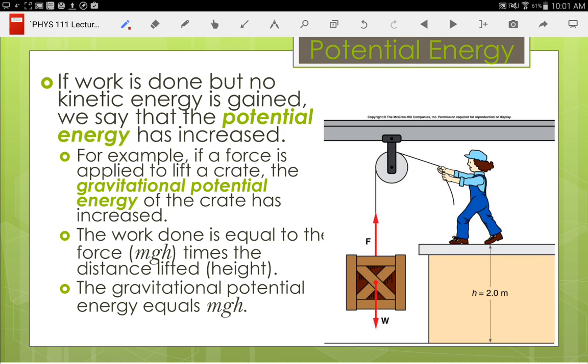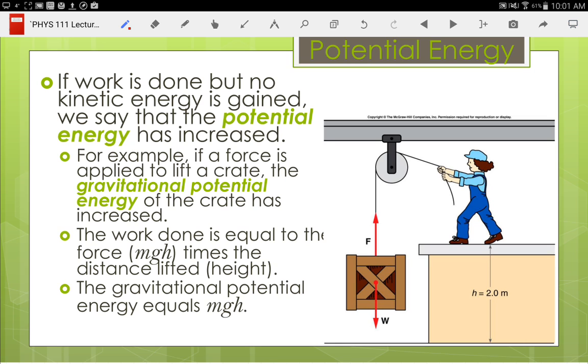So we say that when it was up here, there was a gravitational force acting on it, but I was keeping it from moving. When I stopped keeping it from moving, that gravitational force acted and made it move, and so that gravitational force did work on it.